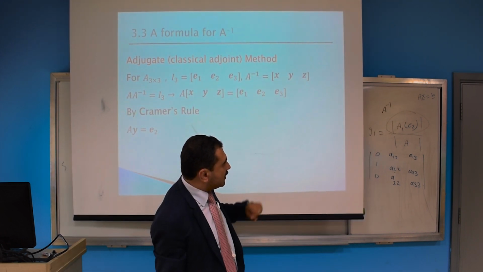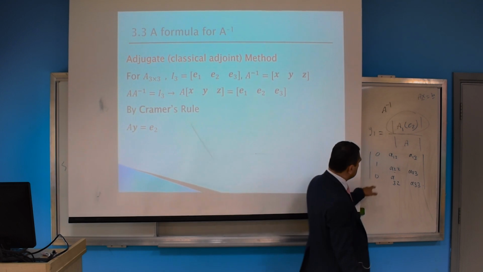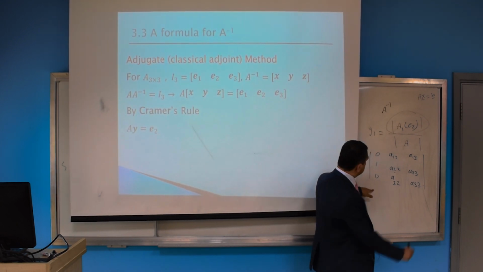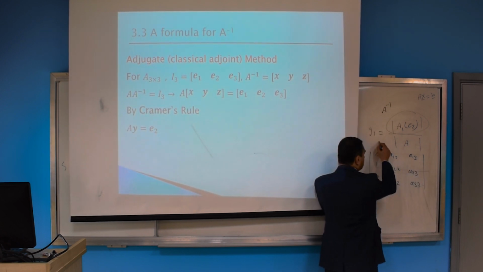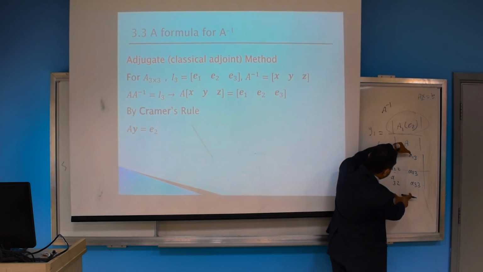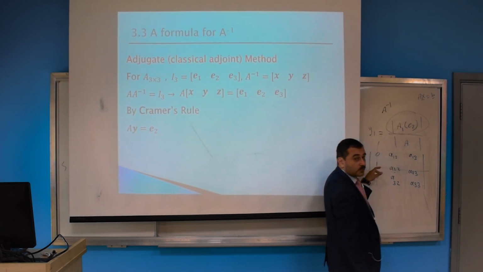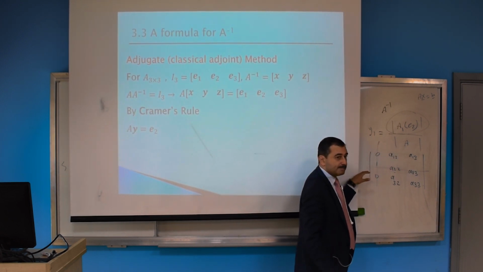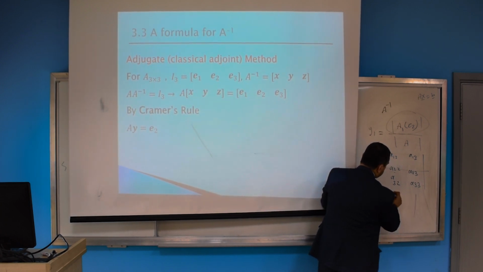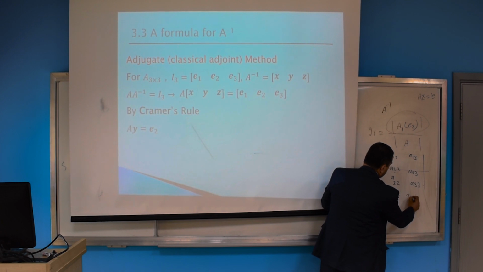Let's expand this guy along the first column. So what do we get? We're going to cover this row, cover this column. It would be this minor determinant with positive or negative sign? Negative sign, right? Negative determinant of A12, A13, A32, A33.